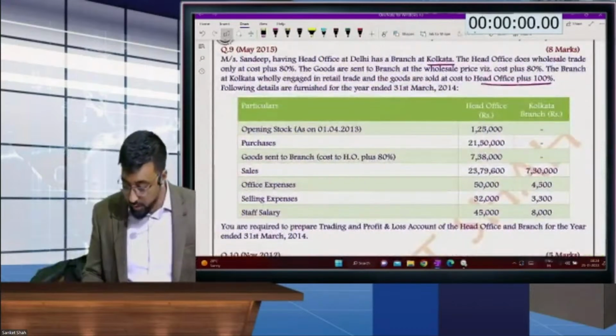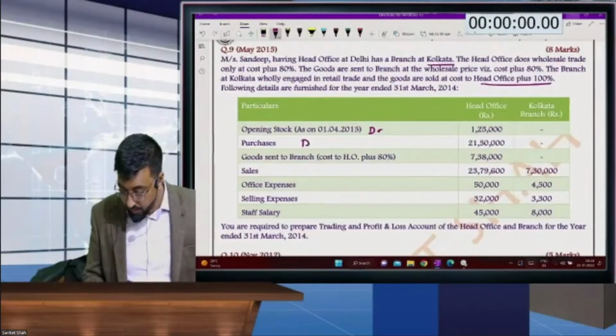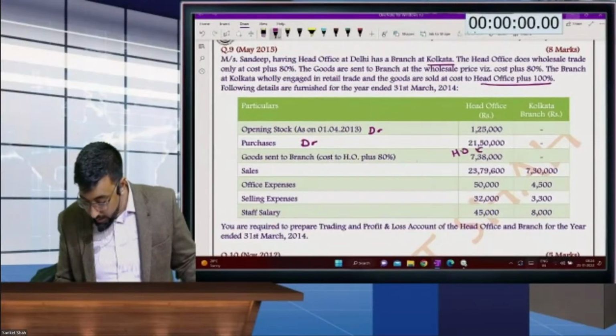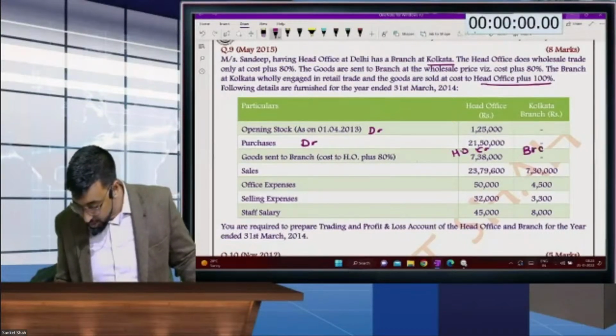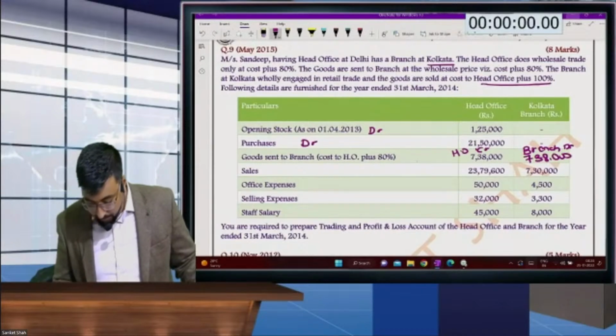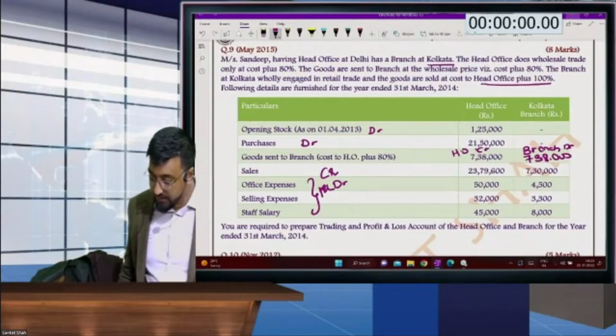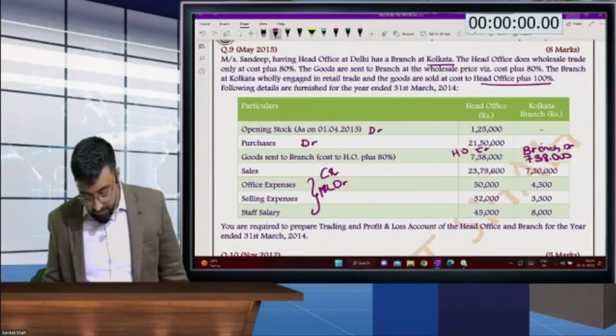Opening stock, we are going to write on the debit side. Purchases debit. Goods sent to branch: HO credit and branch debit. Sales credit. Office expenses, selling expenses and staff salary are P&L debit.